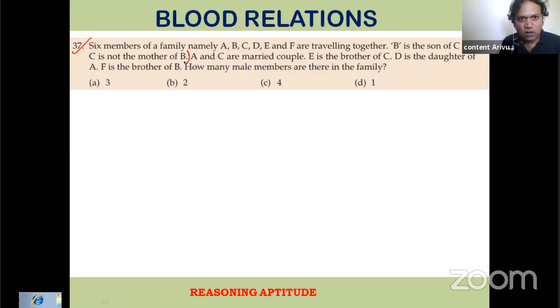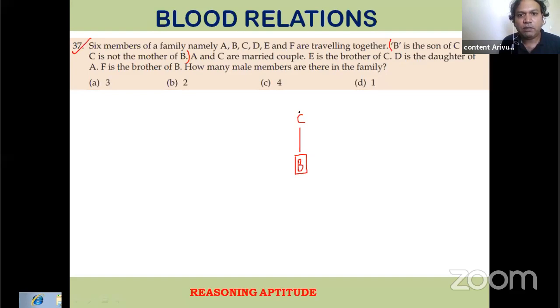Let's first solve this statement very slowly. B is the son of C. B is a son, so B is a male. Whose son? C's son. But C is not the mother of B. What does it mean?